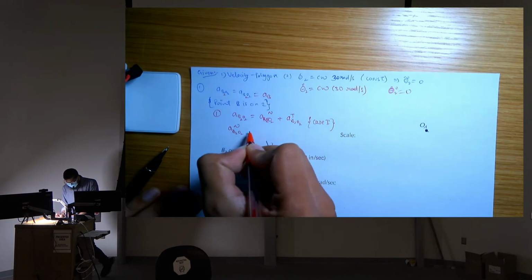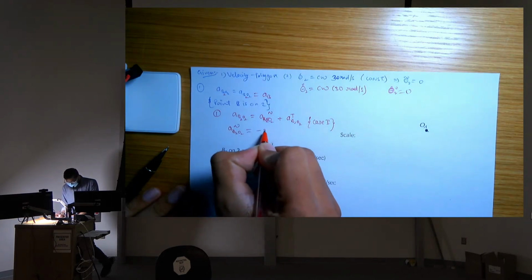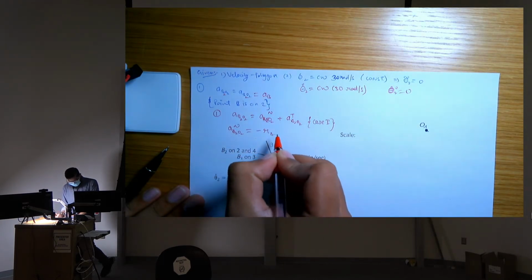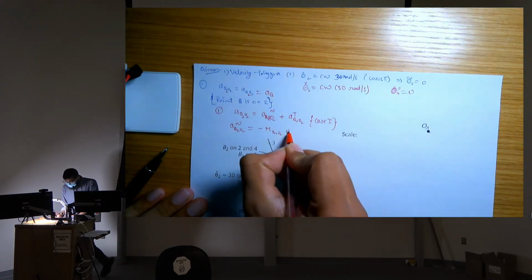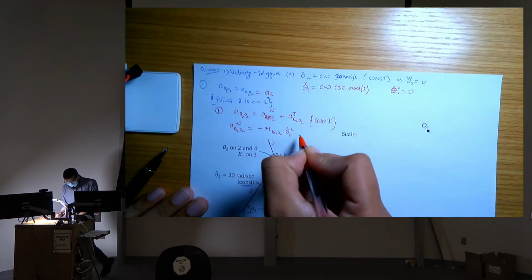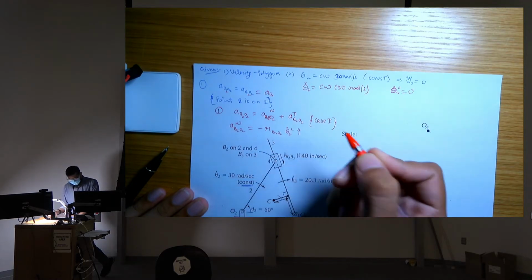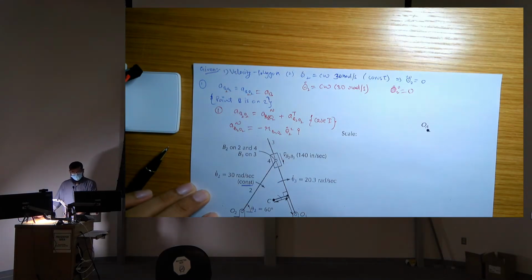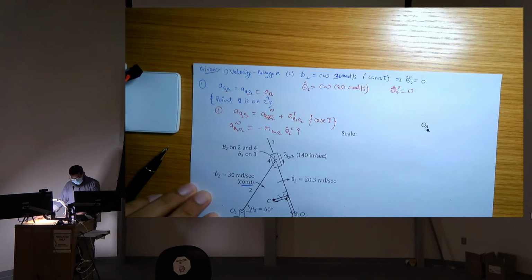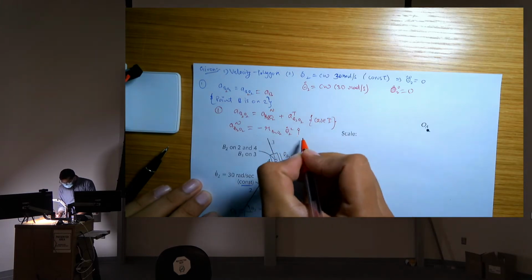AB2O2 normal would be RB2O2 theta dot 2 whole square. And where would be the direction of the normal component? Anybody? Yeah, in the radial direction.